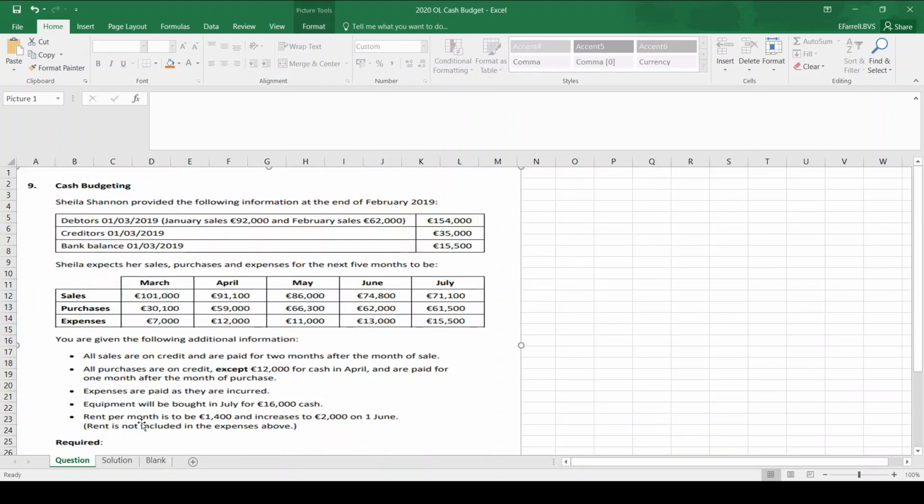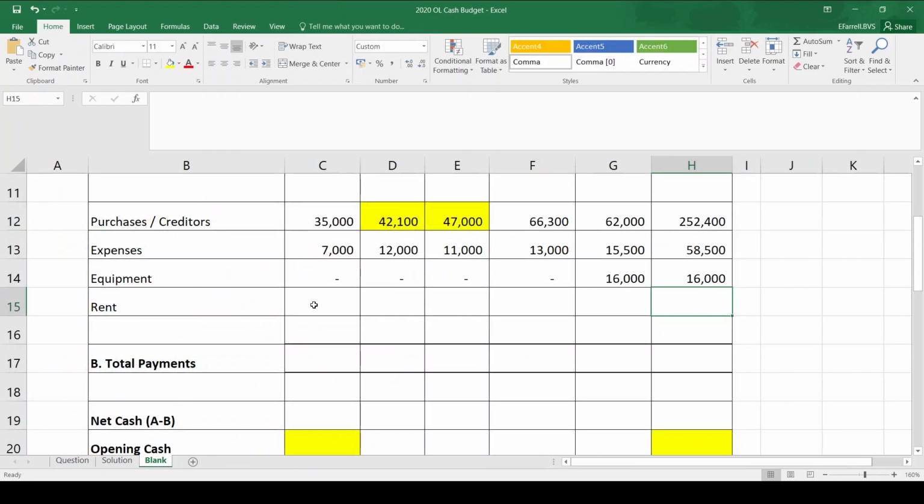So rent per month is 1,400 and it increases to 2,000 in June. So it's 1,400 for March, April and May, and then June and July is 2,000. Okay, so 1,400. And then it increases to 2,000. And again, I just total those across.